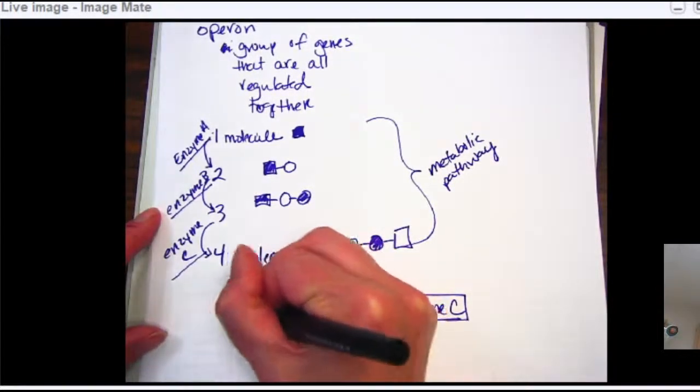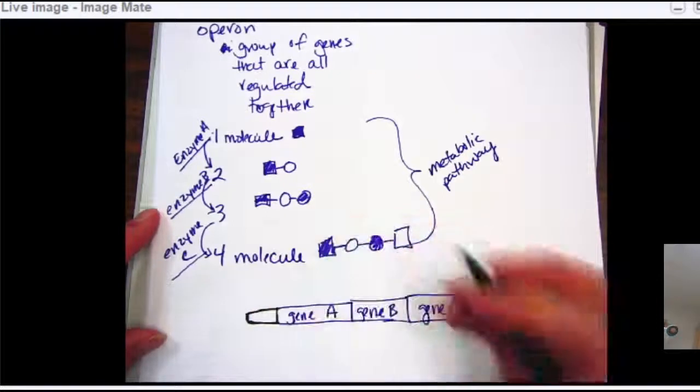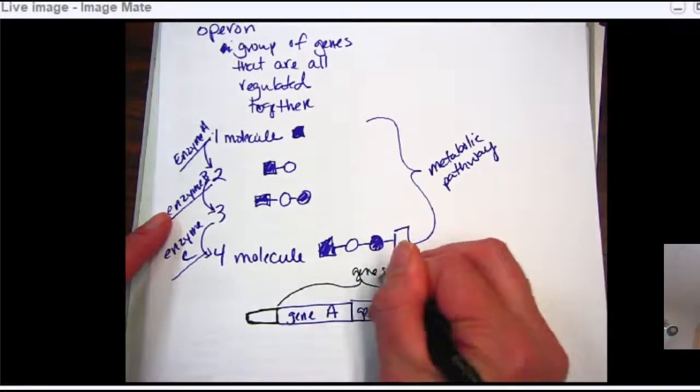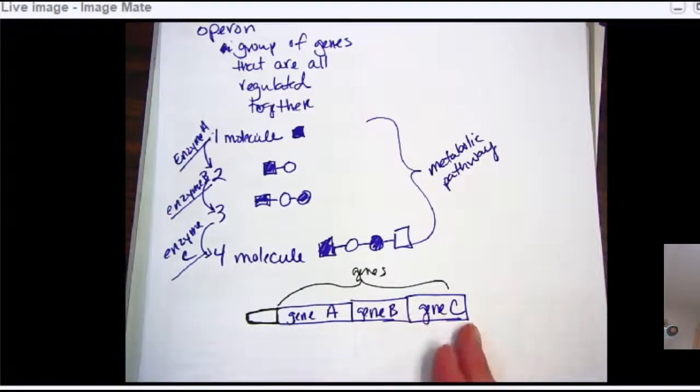These are all genes, because they are instructions for how to make the proteins, and our enzymes are the proteins.